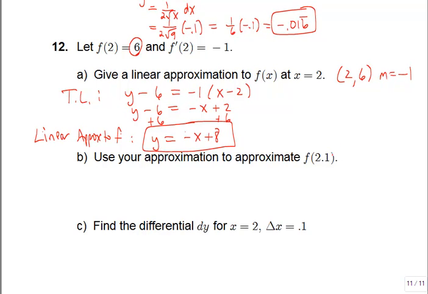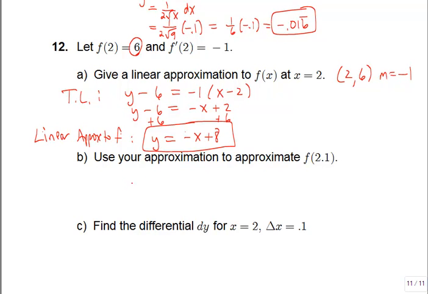So what if we really needed to know what our function was doing at 2.1? Since there's no formula for f, we can't exactly plug in 2.1. So what we do instead is we use this very simple linear approximation and plug in 2.1 into that. And that's what modeling is all about.